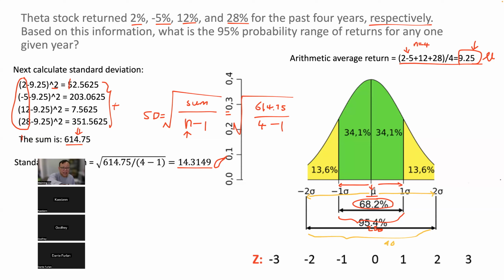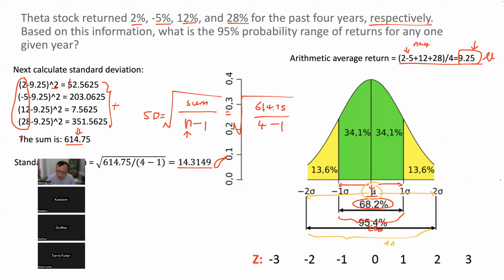So here they were asking, what's the 95% probability range of return for any one given year? So they were asking for this range. How do you know this range? Well, the left point, the smaller return, would be your mean, the mu, minus 2 times the standard deviation. How do you know the upper bound of the range?